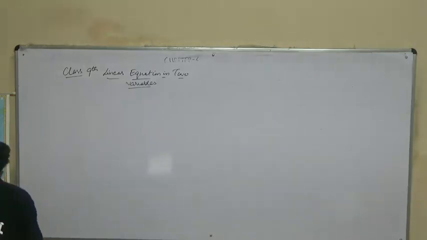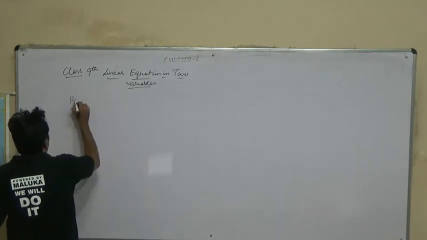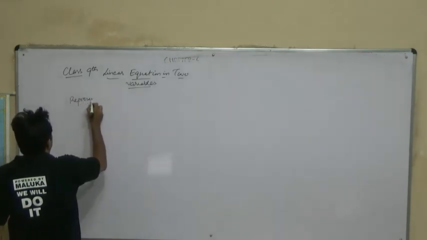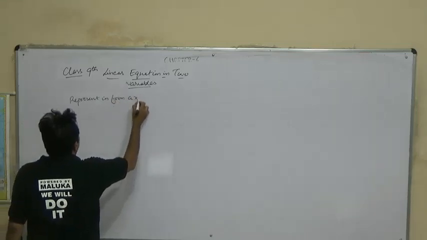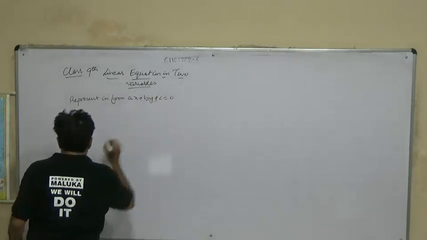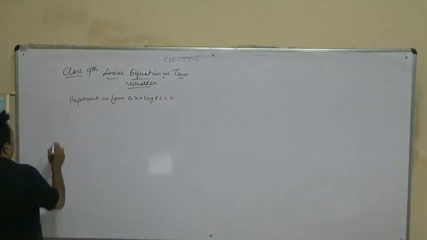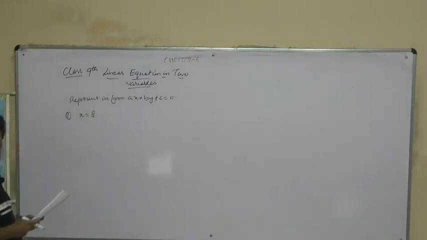Then some more examples on this, that is we have to represent in the form ax plus by plus c is equal to 0. So here the first part is x is equal to 8. There are only two terms, x and the constant term.